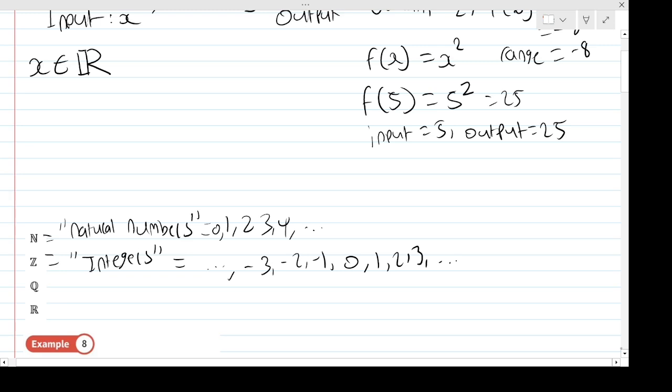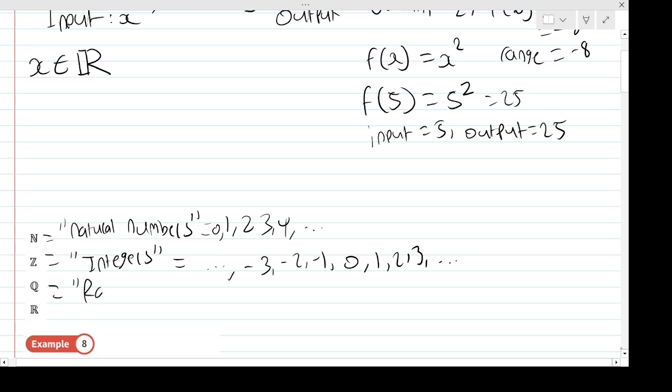Okay, so it's like natural numbers, but you can go the negative direction as well. So you can have negative and positive, but the whole idea is that they are whole numbers. There's no decimals, no fractions, or anything like that.